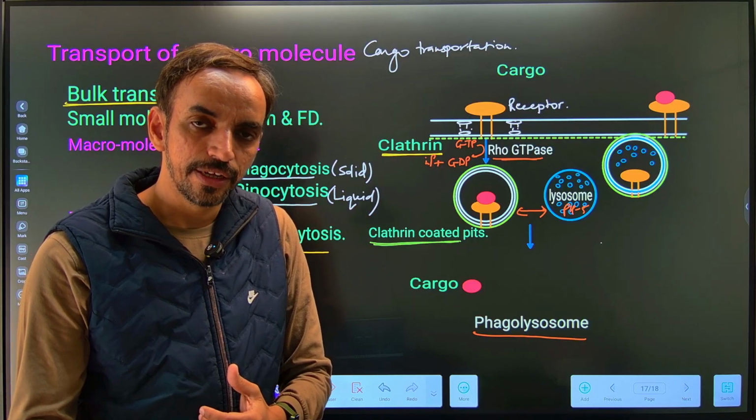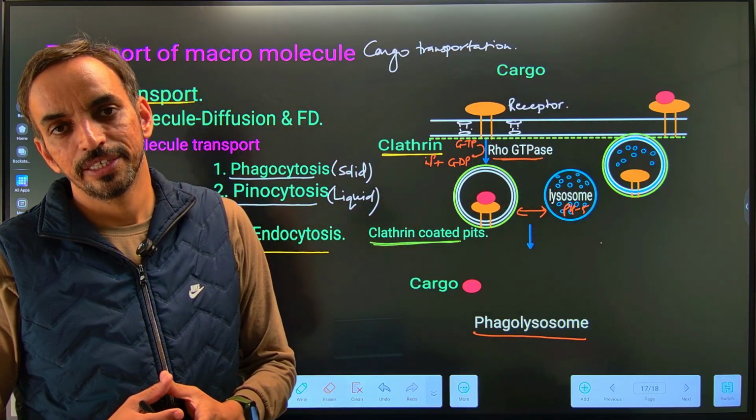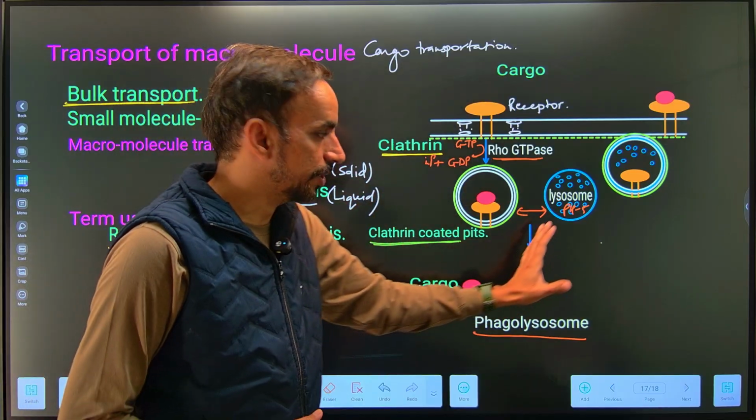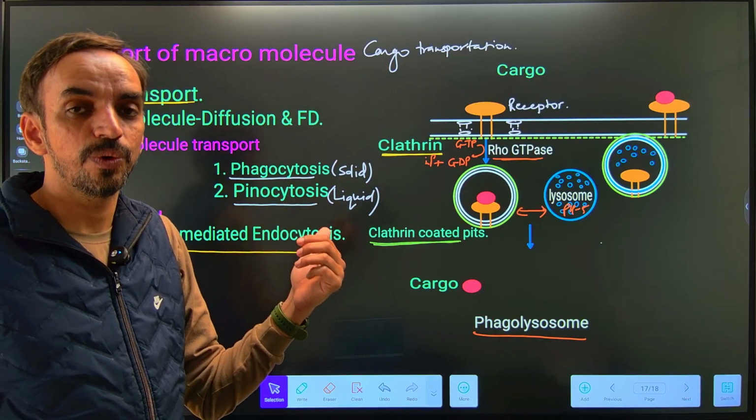It will release the cargo molecule into the cytoplasm and come back onto the cell surface and represent the receptor again. So in this way there is a transportation which is known as bulk transport or cargo transport.